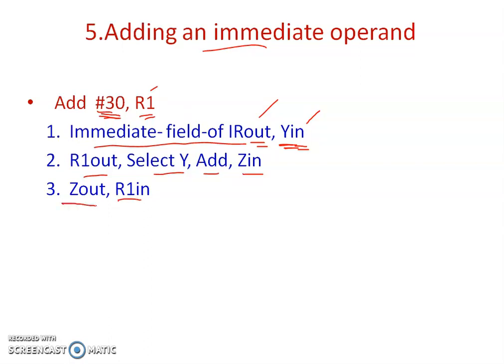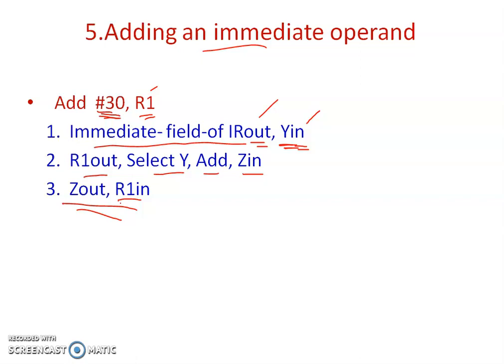So for that, the third step in the sequence of operations is that the Z out signal will be enabled and then the R1 in signal will be enabled in order to move the data from Z to R1 via this bus. So these are the different operations performed inside a processor, and for each operation, how the sequence of signals is generated, or how the sequence of steps is arranged, we have discussed.